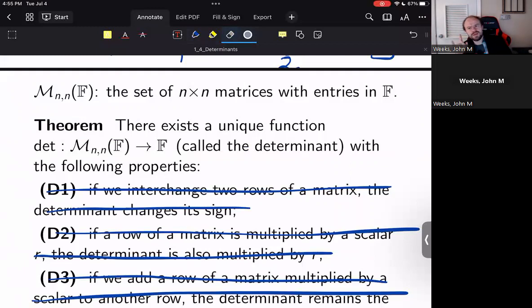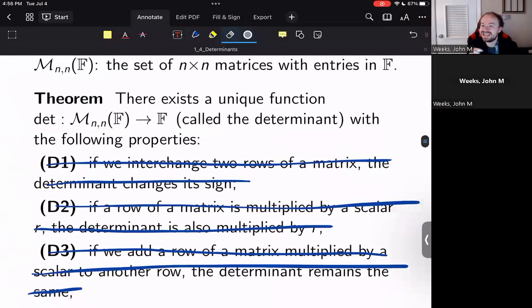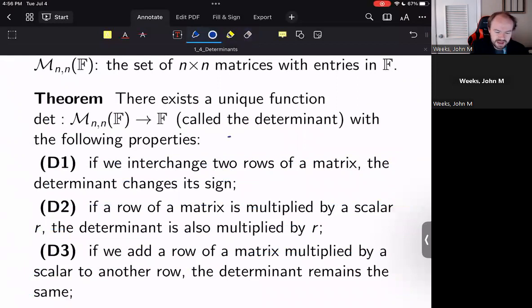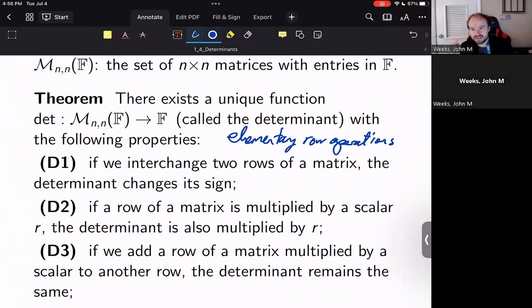And as we go through here, you may notice that some of these properties are very familiar to us, because these first 3 properties are going to be what are known as the elementary row operations. Elementary row operations are the things that we can do to a matrix that do known things to the determinant.